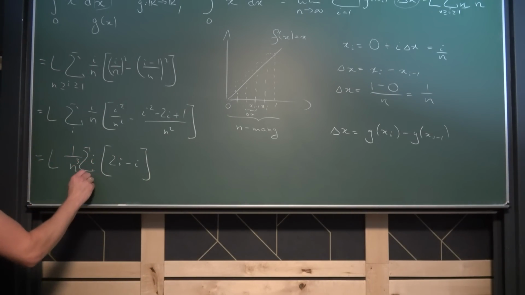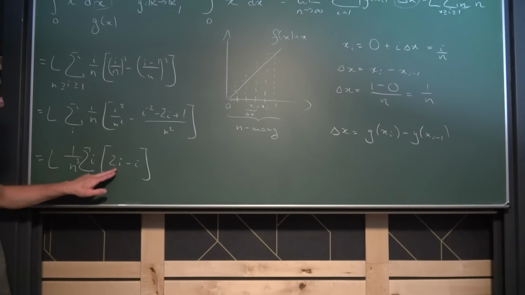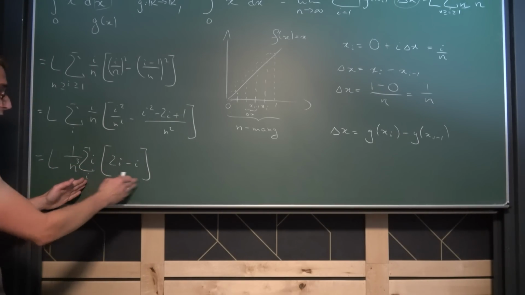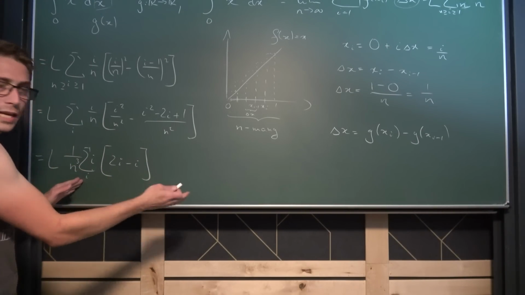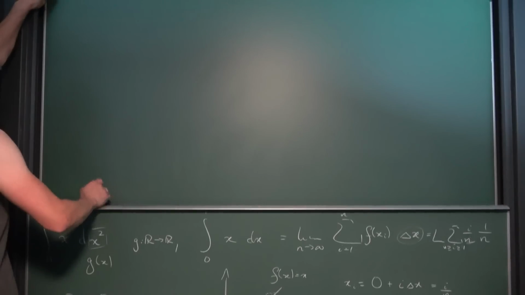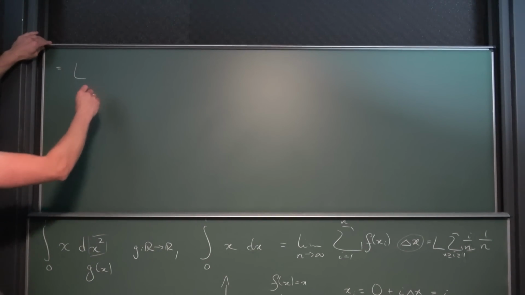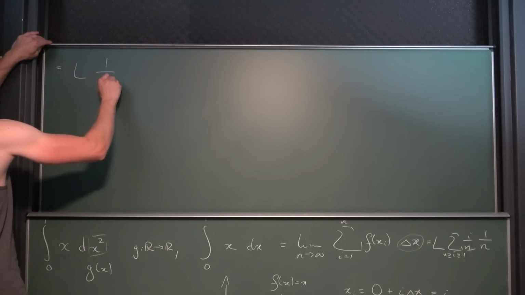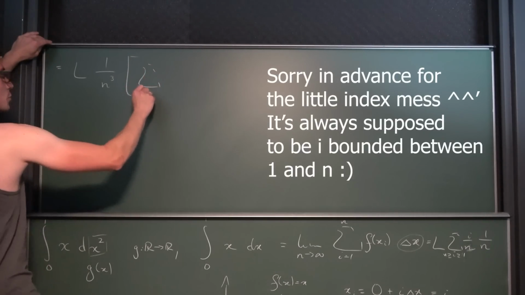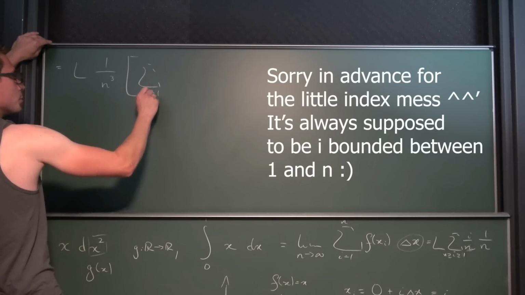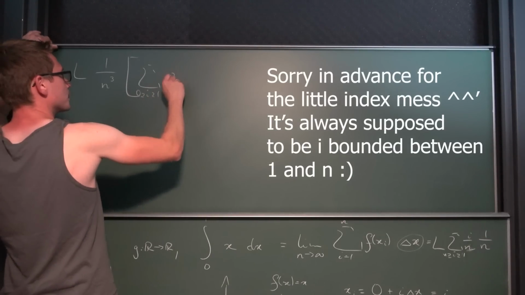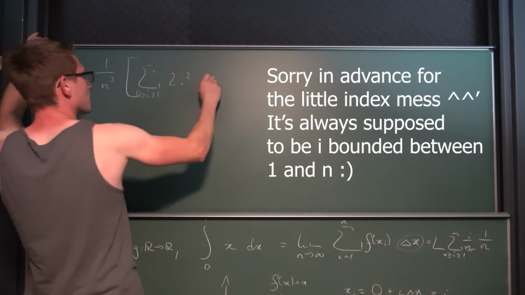Obviously, we still have our summation. And now we can drag our I into here and break this summation up. It's a finite summation, so there's no restriction in breaking it up whatsoever. And giving us overall the limit as n approaches infinity of 1 divided by n cubed times the first summation, where I is bounded between 1 and n of 2i squared, and then we have negative.